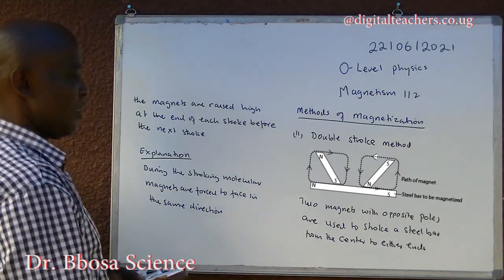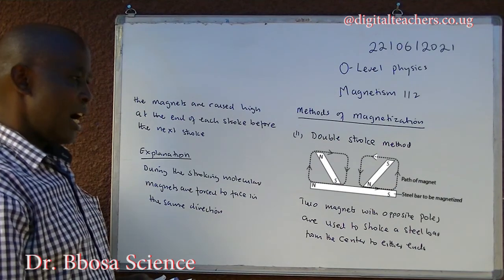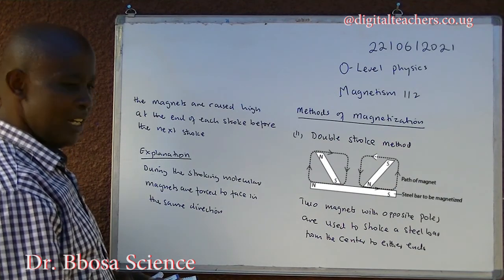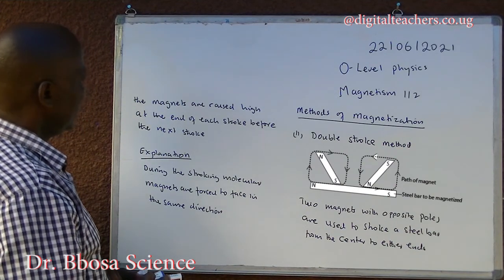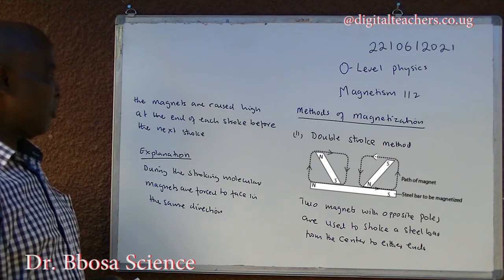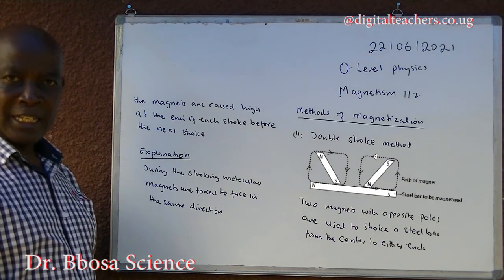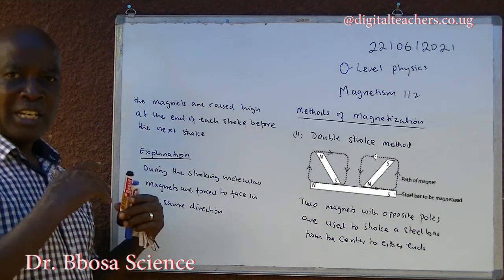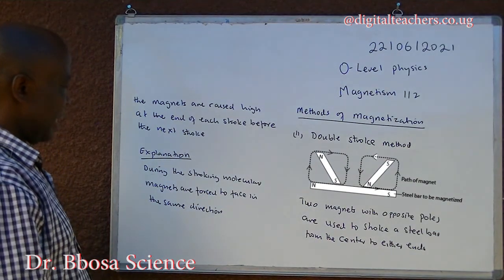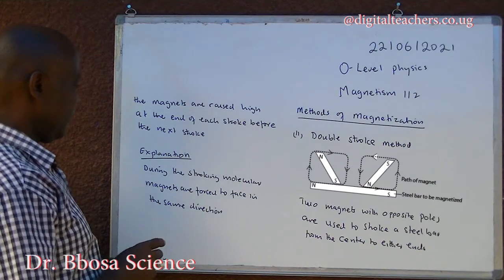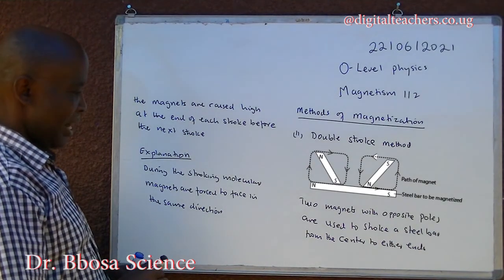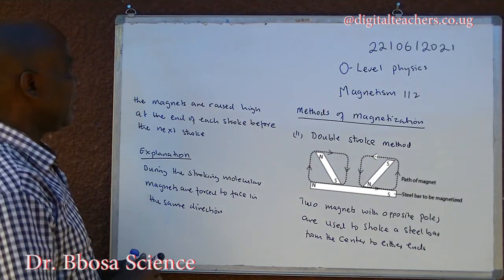2. Double touch method. Two magnets with opposite poles are used to stroke a bar magnet from the center to either end. The magnets are raised high at the end of each stroke before the next to avoid destroying the arrangement of the molecular magnets. Explanation: during the stroking, molecular magnets are forced to face in the same direction.